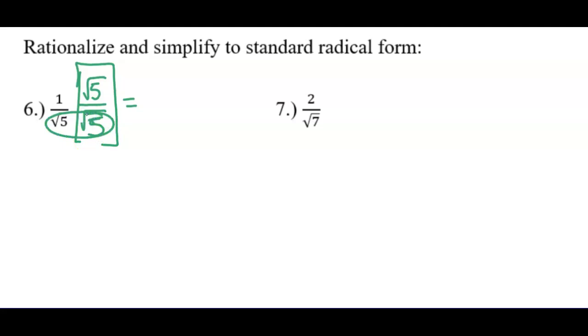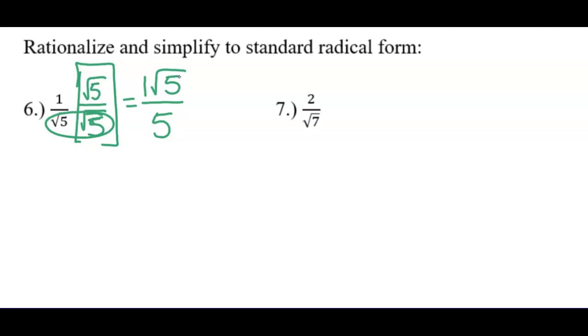And so how many 5s can come out? 1 pair. And then I have my 1 times my square root of 5. So I multiply across. The reason I multiply by 1 in terms of the denominator, or my giant 1, is because I want this radical down here to undo.